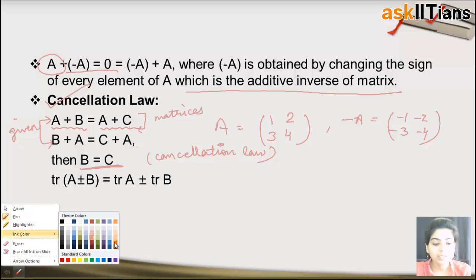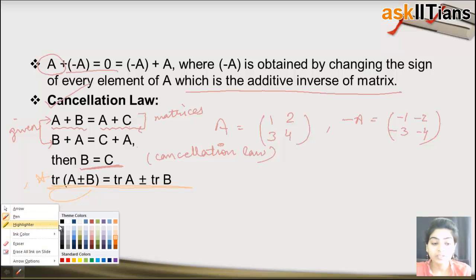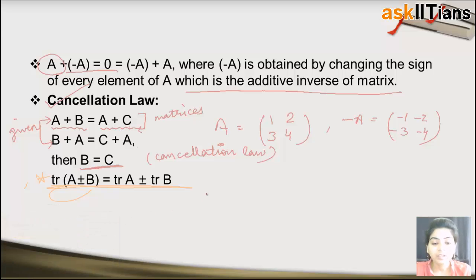Okay, so next, this is another property. Trace of A plus minus B is equal to trace A plus minus trace B. Now what is trace? I had explained this to you in my previous session, that trace of A is equal to, suppose I have a matrix A11, A12, this is the most general form of a matrix, up to A1n.